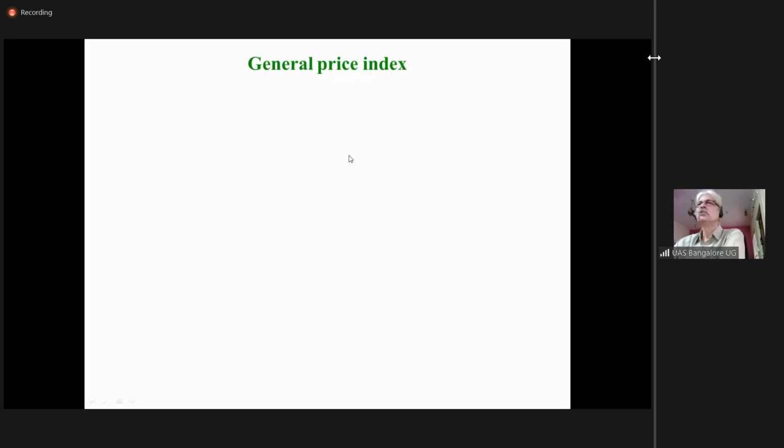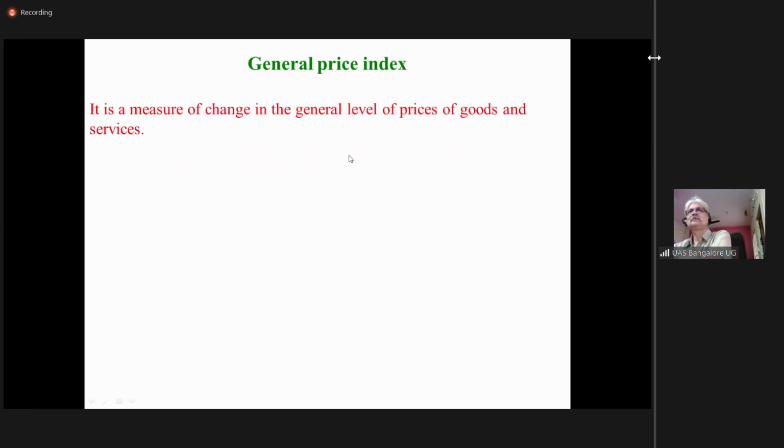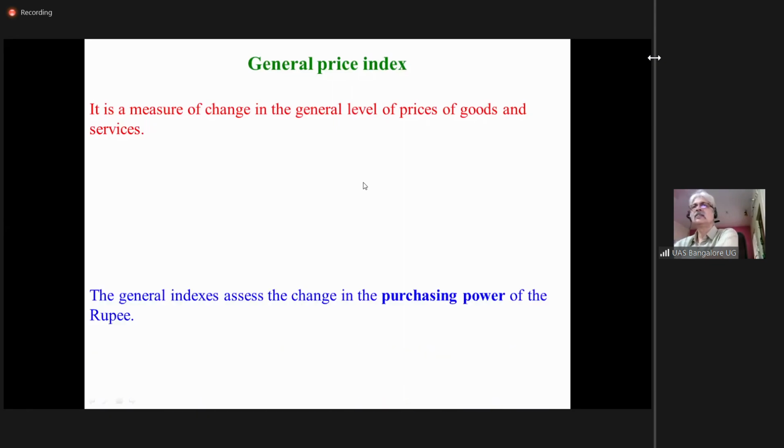Okay, so general price index, it is a measure of change in the general level of prices of goods and services. I repeat, it is a measure of change in the general level of prices. That is your inflation. Okay, change in the general level of prices of goods and services.